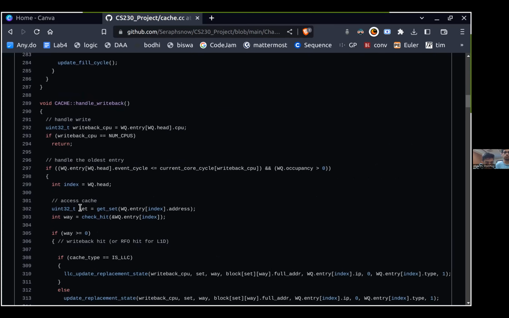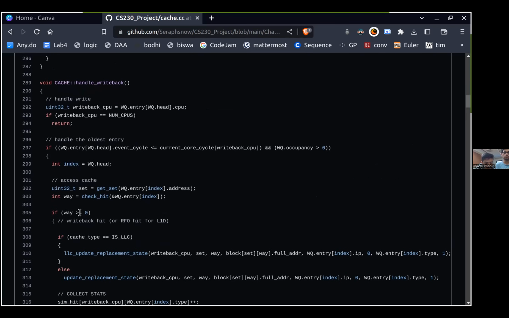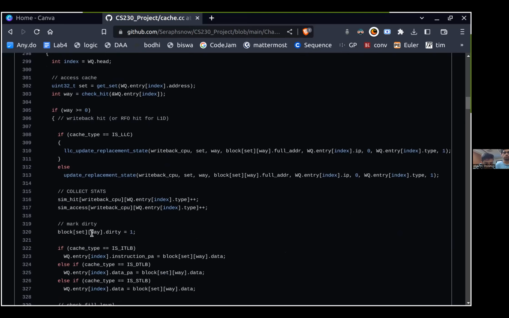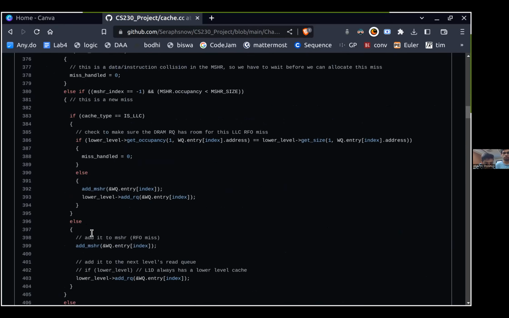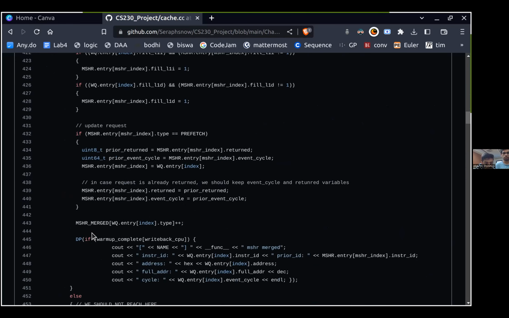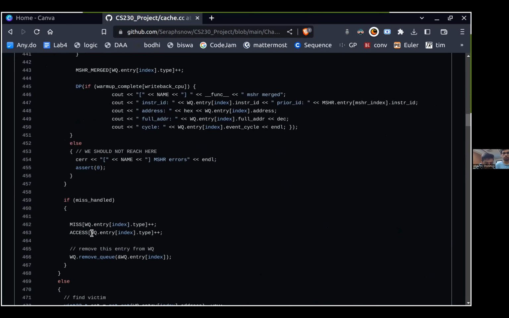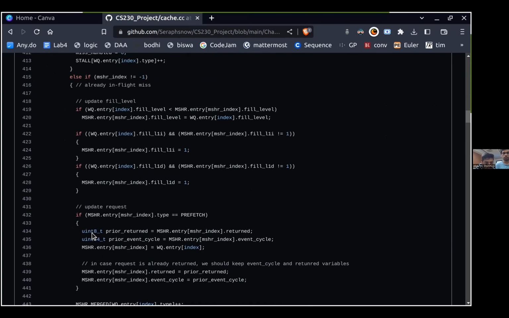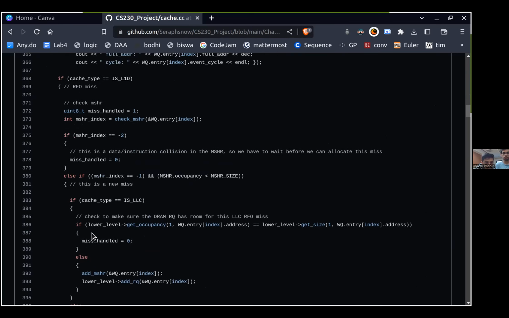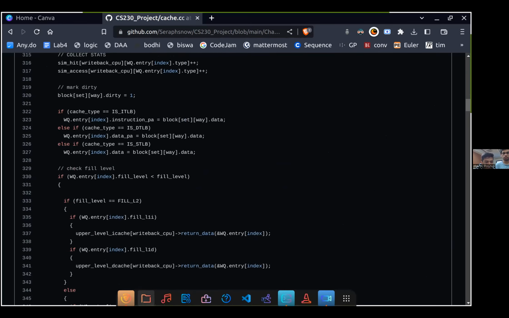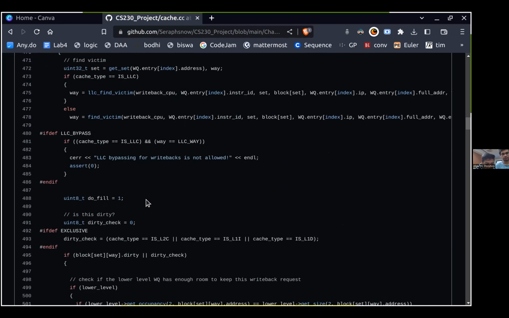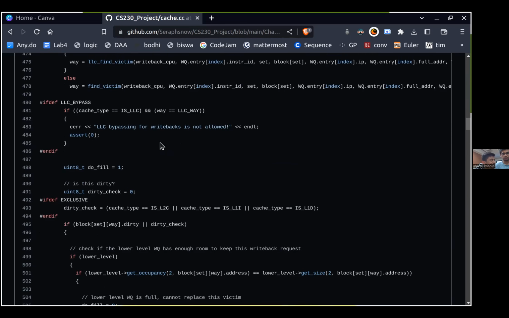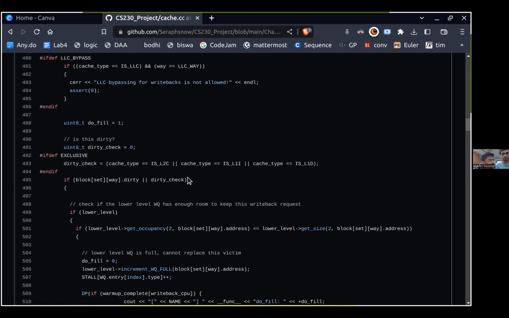In write back, essentially, the only change we needed to do was, yeah, in write back again the same thing.